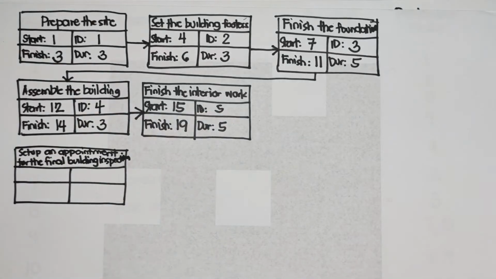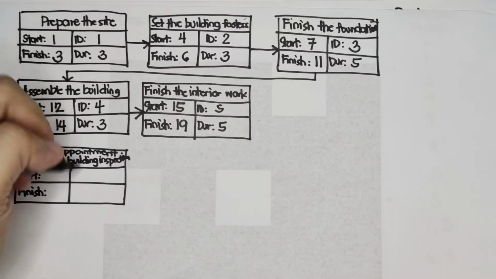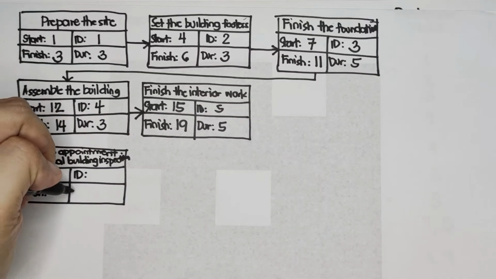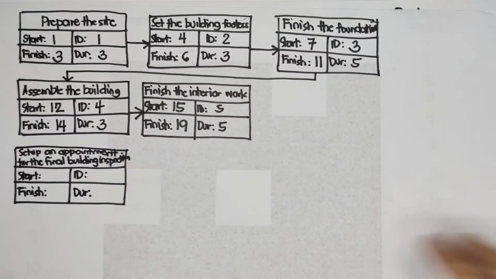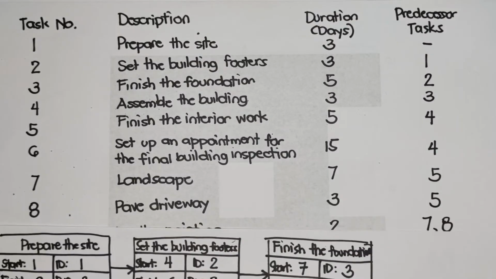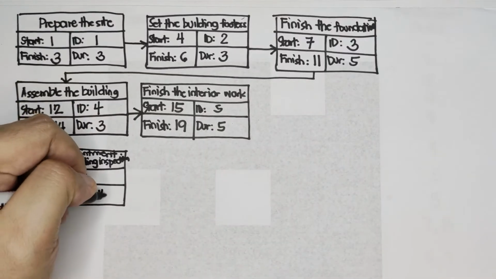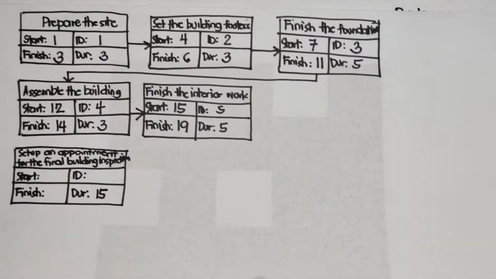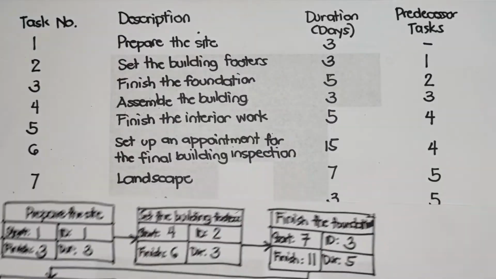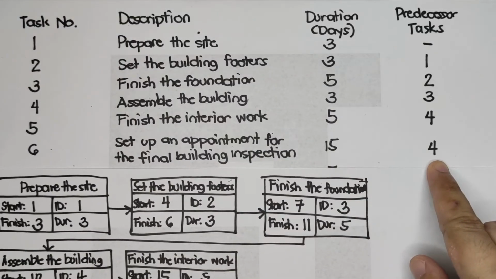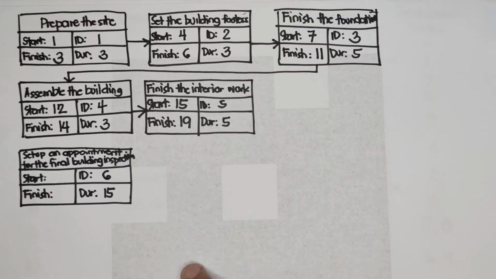Okay, we have again the start, the finish, and then the ID, and then the duration. Task number 6, of course, has a duration of 15, and its predecessor is task number 4, meaning an arrow again from task number 4.